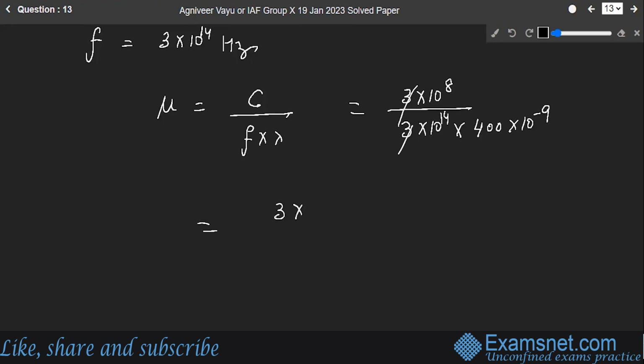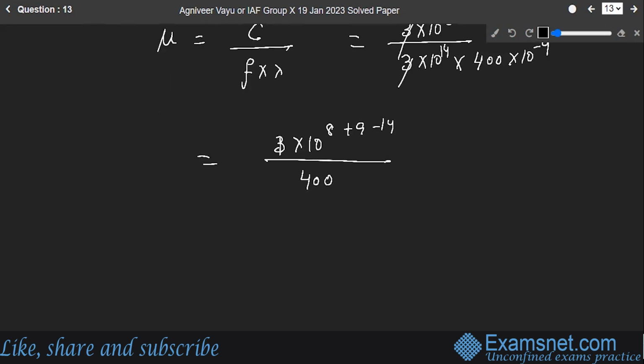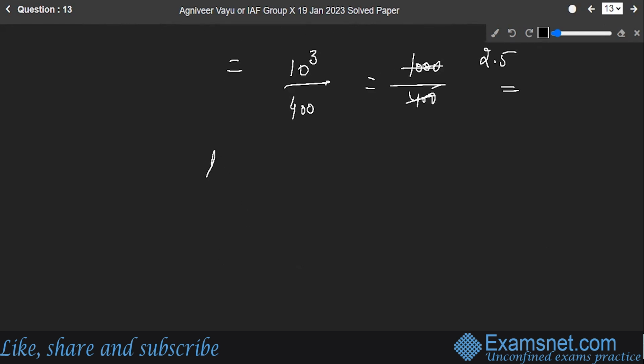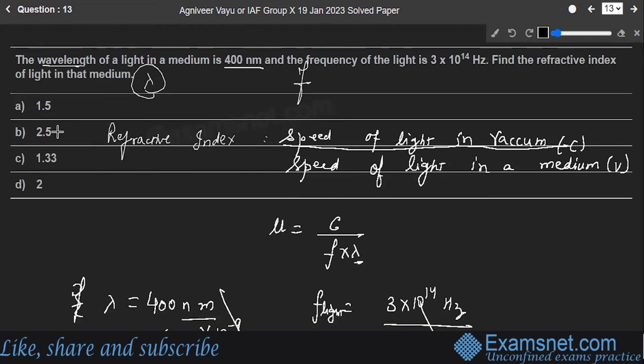You have 10 raised to power 8 plus 9 minus 14, upon 400. So this is equal to 10 raised to power, that's 3, so 1000 upon 400. This is equal to 2.5. So that means the refractive index is equal to 2.5 for this question. Option B is the correct answer.